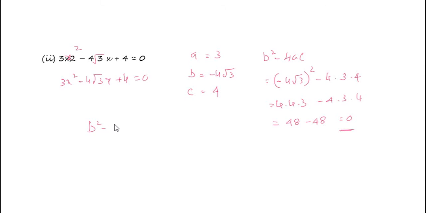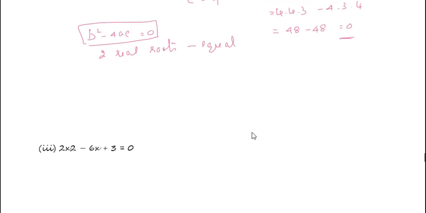b² − 4ac = 0, so you have two real roots and they are equal. Now let us find out the roots. x = (−b ± √(b² − 4ac)) / 2a.